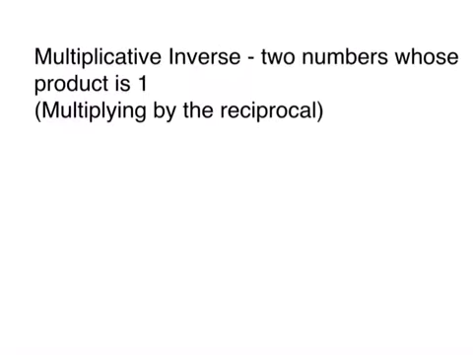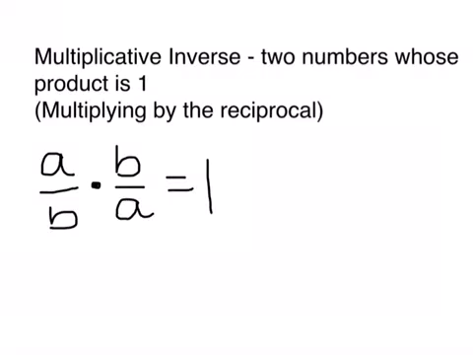The next property, the multiplicative inverse, is when two numbers have a product of 1. This is an example of multiplying by the reciprocal. So, the easiest way to show this is as fractions. If we take a over b and we multiply it by b over a, we'll get an answer of 1.